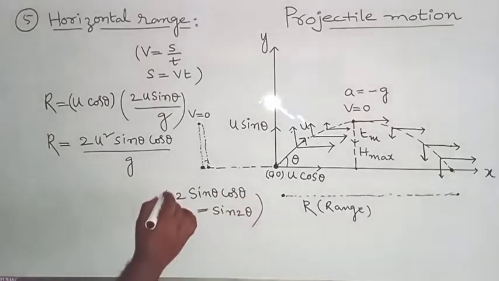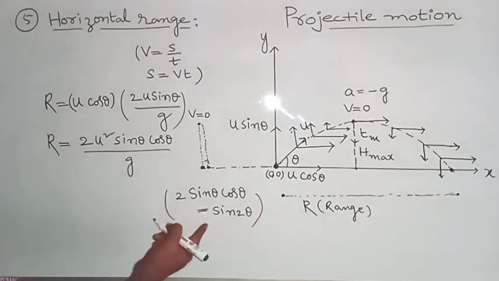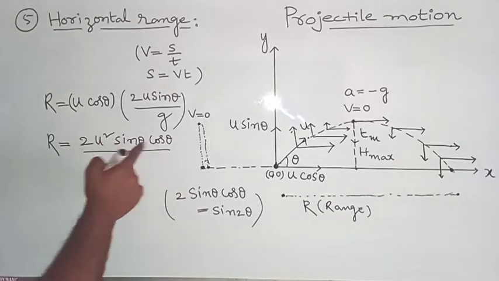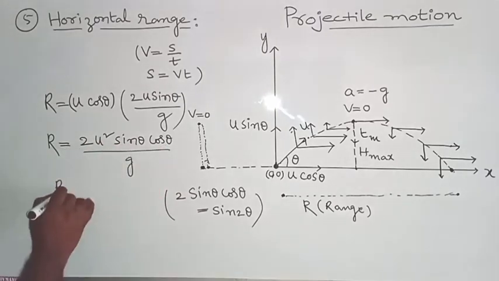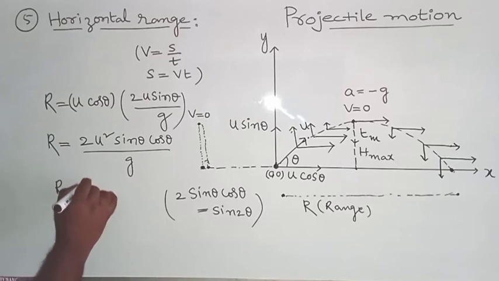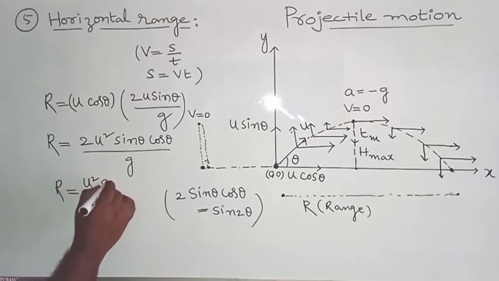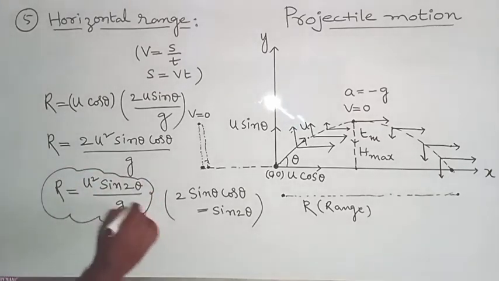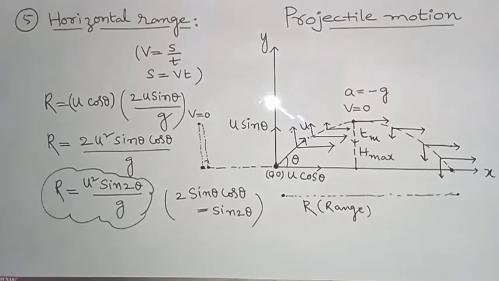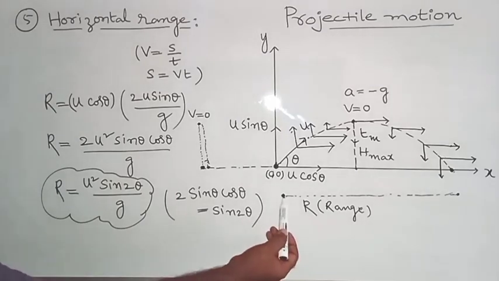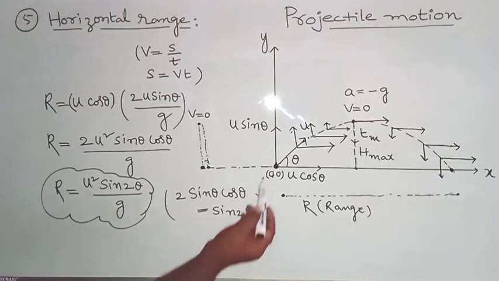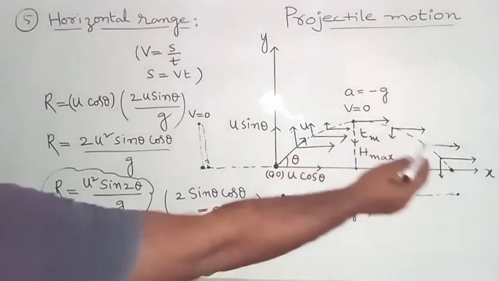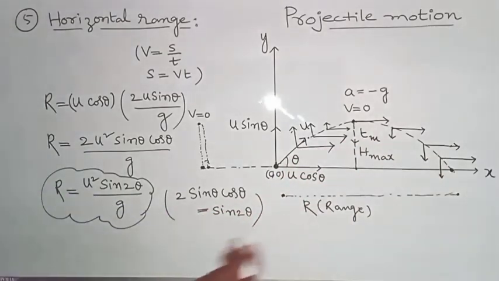Because of that, instead of 2 sin theta cos theta, we can write horizontal range R equals u square sin 2 theta upon g. This is the formula for horizontal range. That means horizontally how much the object is displaced when projected from the origin to reach this point. This R value is u square sin 2 theta upon g.